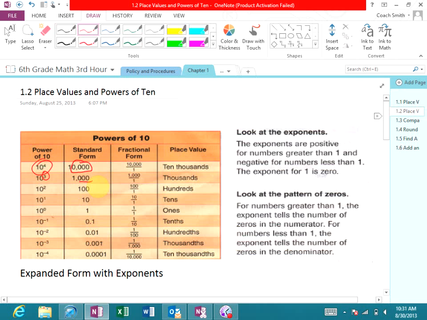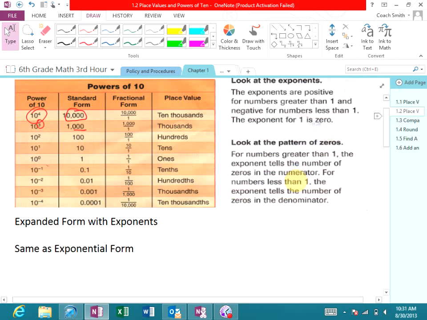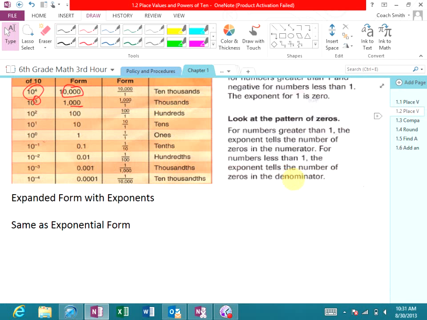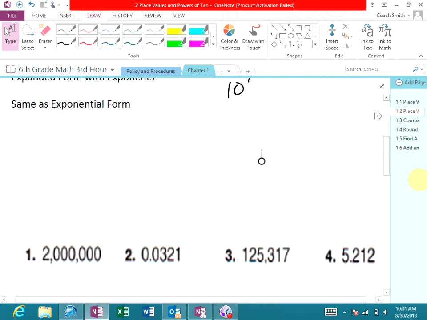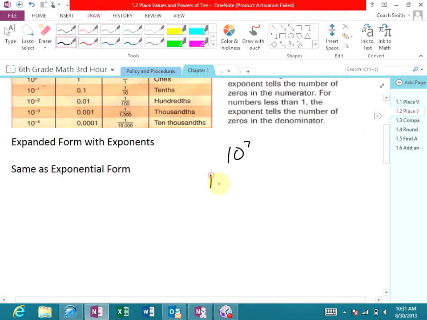So for every positive exponent with 10 to the something power, you're going to have that many zeros. For example, 10 to the seventh power would be a 1 with 1, 2, 3, 4, 5, 6, 7 zeros. And so that would be 10 million.